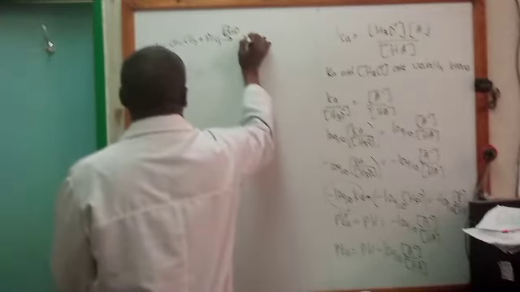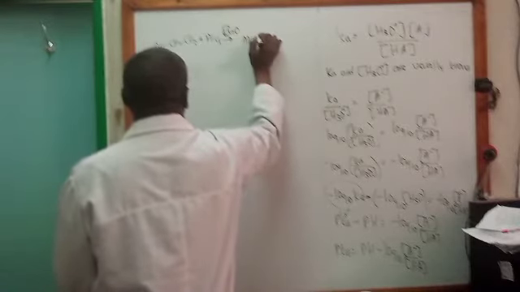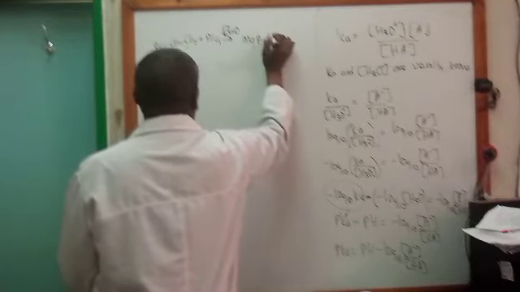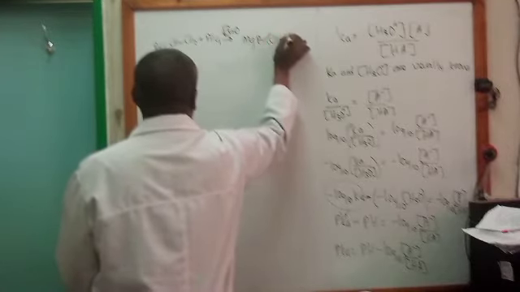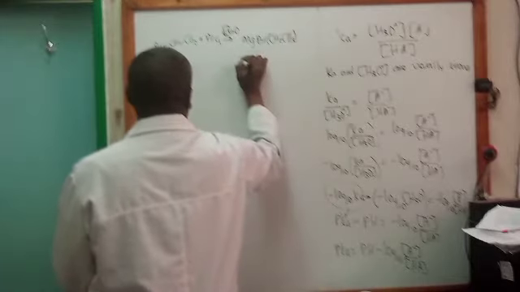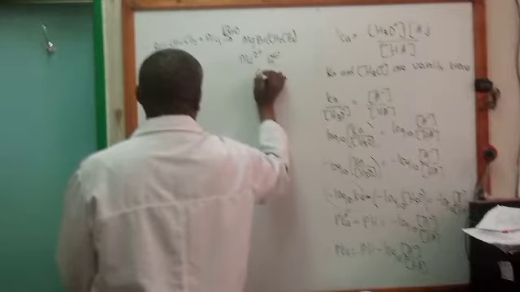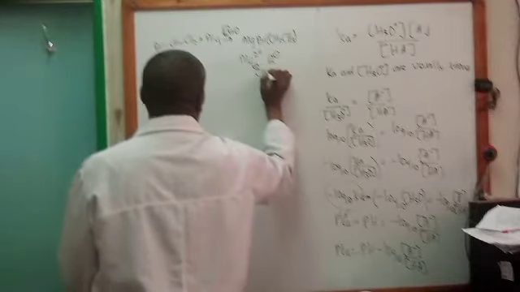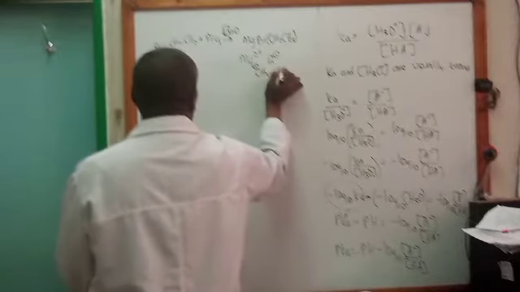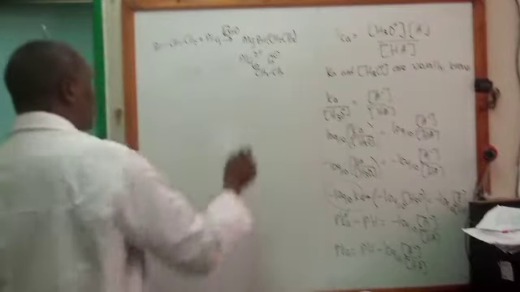CH3CH2MgBr, so that this will be Mg2+, and then there will be the bromide minus, and then there's the CH2CH3. Yeah? So there will be those ions.